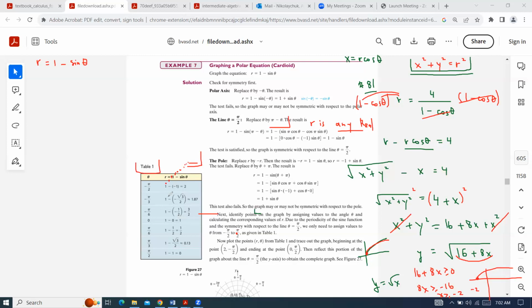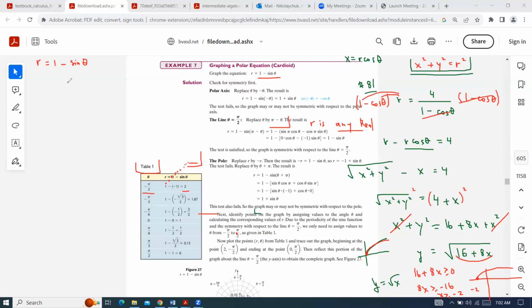So they take various values for angle theta. So they say, what about if theta is minus pi over 2? Well, then they plug it in the equation here. So it'd be 1 minus, and then sine of that negative pi over 2 is minus 1. So with another minus, it'll be plus. That's how they get 2.